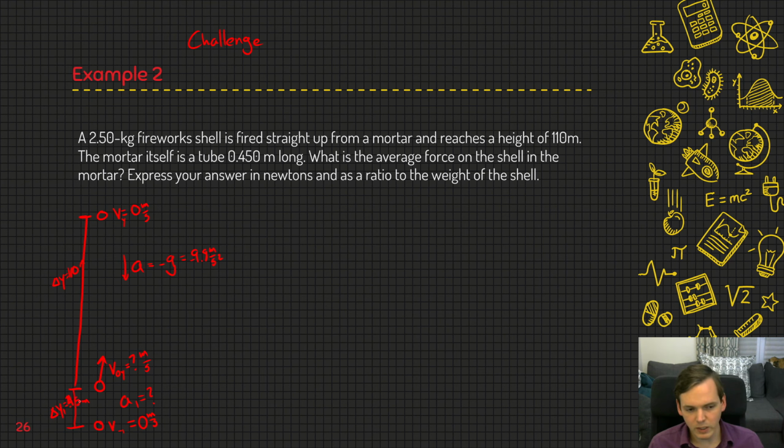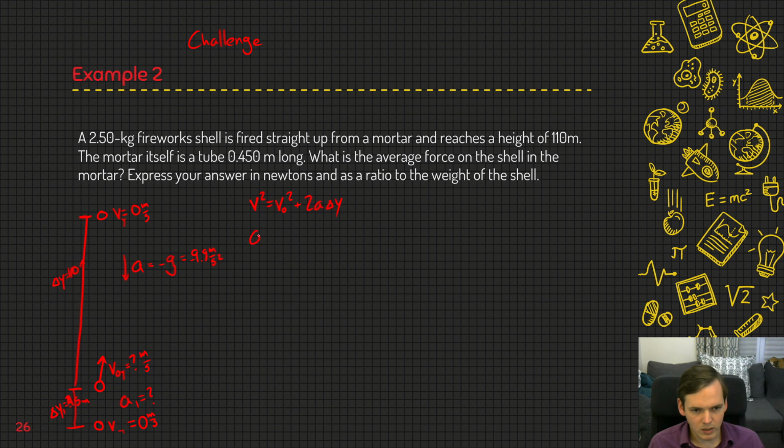To find the acceleration, we can find the force. So let's first find the velocity when it leaves the tube. So if we've got velocities, positions, and accelerations, that means we're going to do v squared equals v naught squared plus 2a delta y in this case.